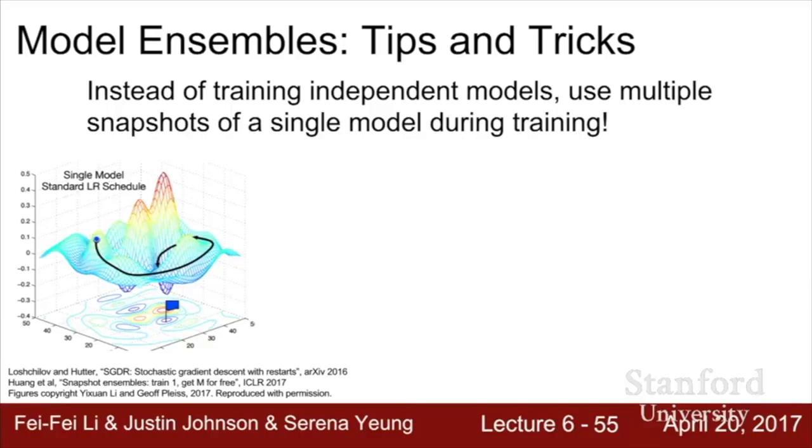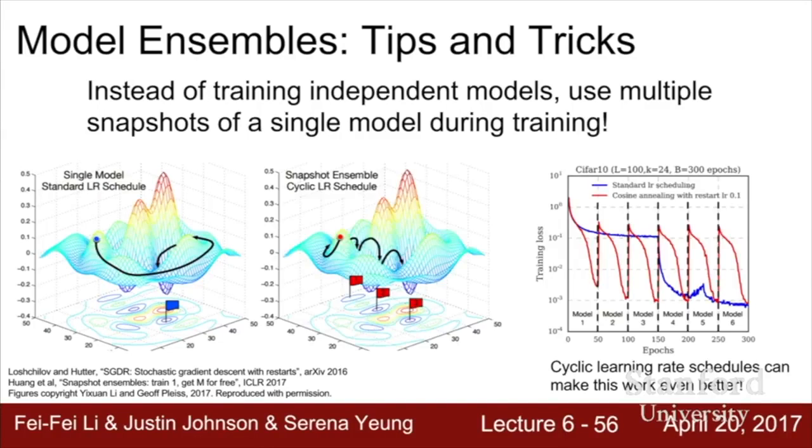But you can get a little bit creative with this. Sometimes, rather than training separate models independently, you can keep multiple snapshots of your model during the course of training and use these as your ensemble. Then at test time, you still need to average the predictions of these multiple snapshots, but you can collect them during training. There's a very nice paper being presented at ICLR this week with a fancy version of this idea, where we use a crazy learning rate schedule: the learning rate goes very slow, then very fast, then very slow, then very fast.